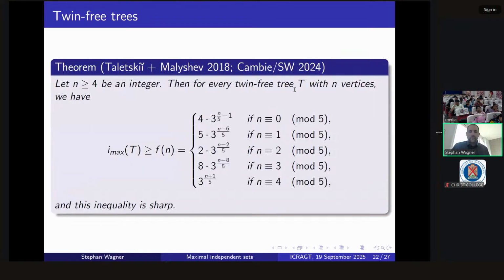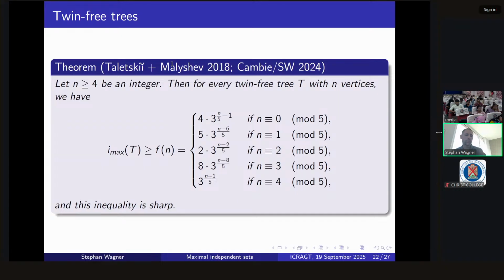Let's finally move to trees. So we've had arbitrary graphs, bipartite graphs, now trees. Here, actually the answer was already found earlier by Taletsky and Malishev in 2018. We provided an alternative and somewhat shorter proof for the same lower bound.